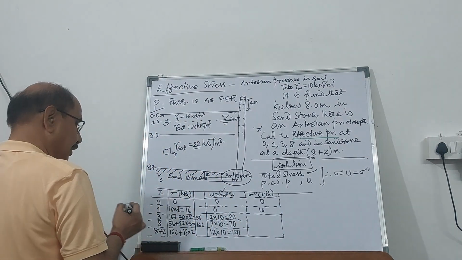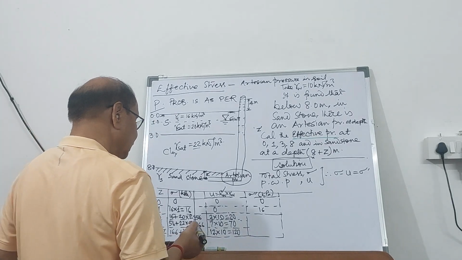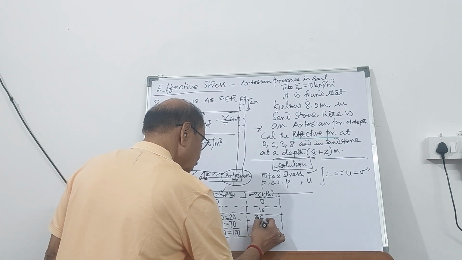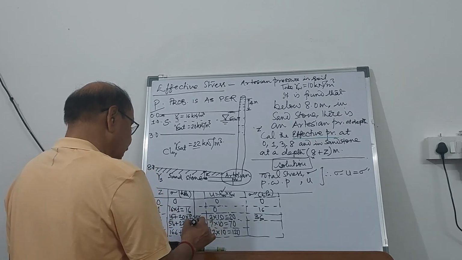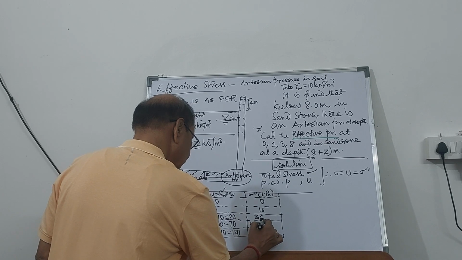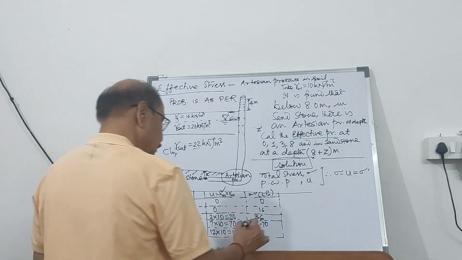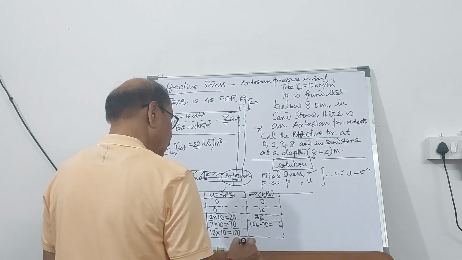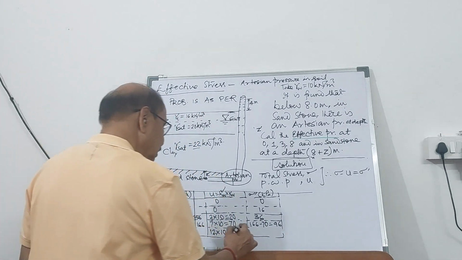And at 3 meter, it is going to be 56 minus 20, that is 36. And at 8 meter, it is 166 minus 70, 96 kilopascal.